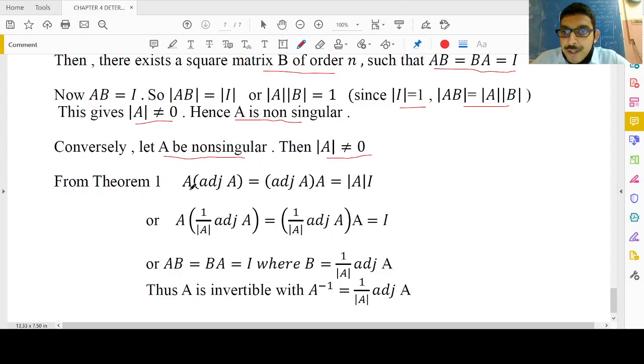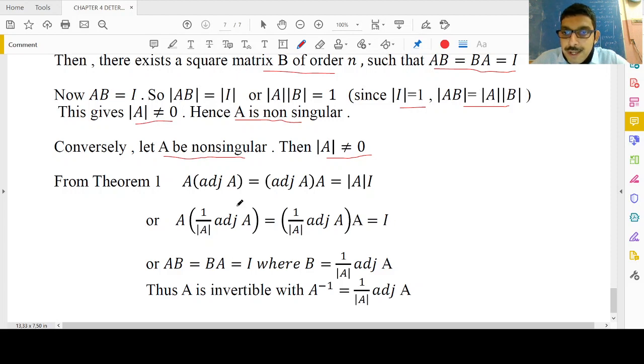And from theorem 1, A into adjoint of A equal to adjoint of A into A equal to determinant of A into I. Since determinant of A not equal to 0, we can divide this throughout with determinant of A. So once you divide, we'll get A into 1 by determinant of A adjoint of A, then 1 by determinant of A adjoint of A into A equal to I.